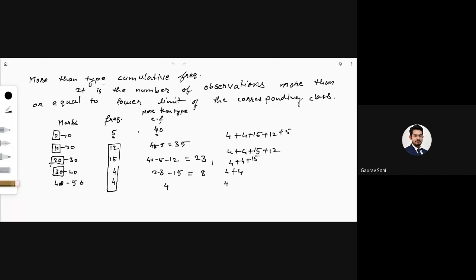When I want to find the more than cumulative frequency for a certain class, which observations do you consider? More than or equal to the lower limit. So let's come to the first class. What is the lower limit? 0. So how many individuals are getting more than 0 marks?